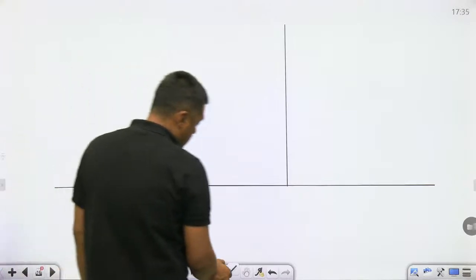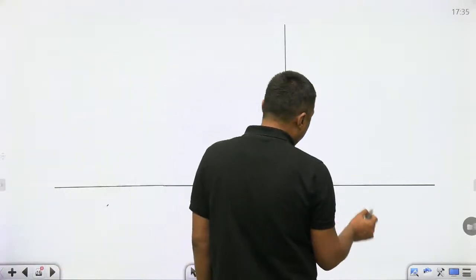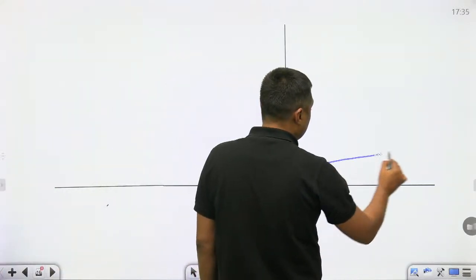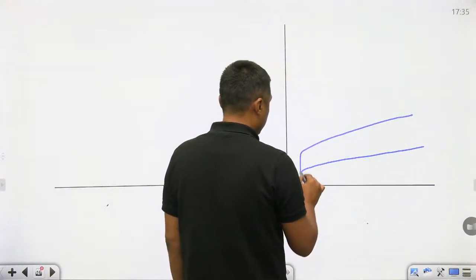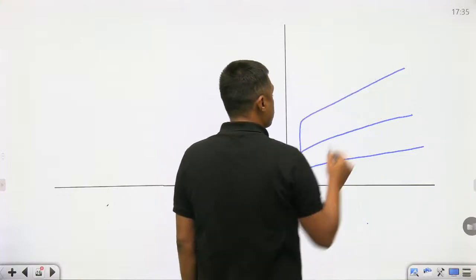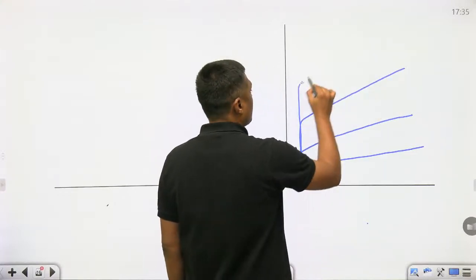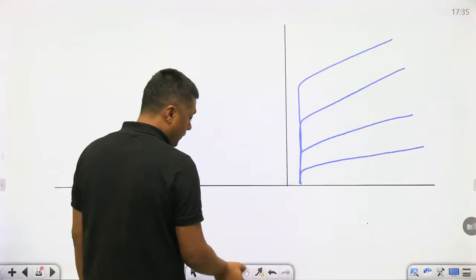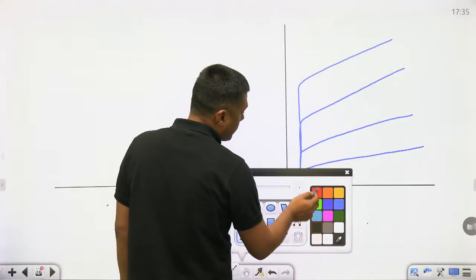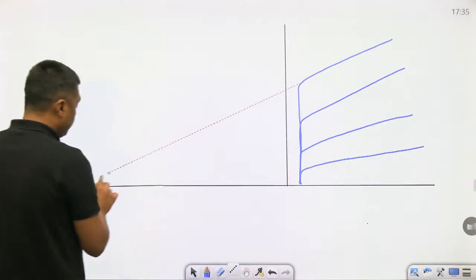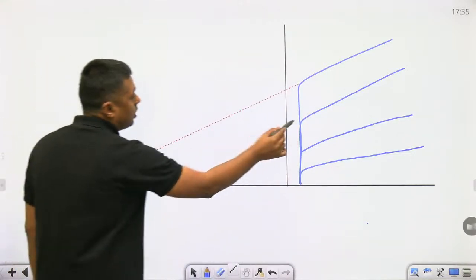This is the characteristics of BJT, the output curves we are having. When we extend them backward, they will meet at a particular point, and that point is called the Early voltage.